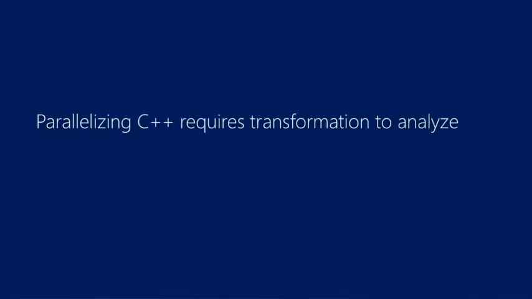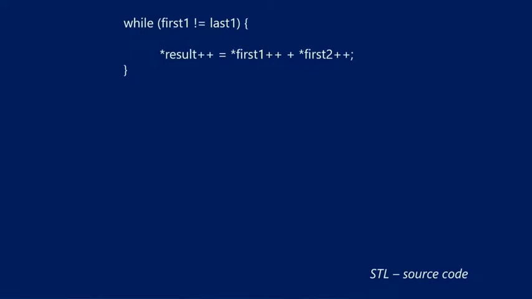So what we've discovered painfully early on is that parallelizing C++ requires transformations to the source code internally just in order to do the analysis. And engineering that correctly while building all the software in the company and not affecting the throughput was a really major undertaking. So let's just take a look at what I mean by transforming that loop in order to do analysis. So that's the core body of that loop.